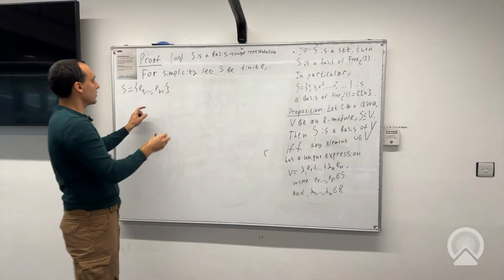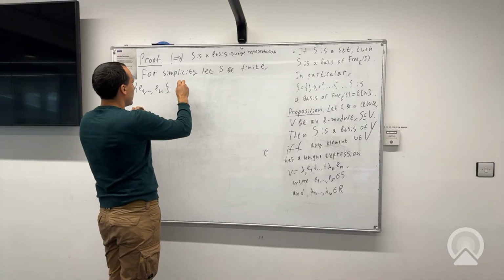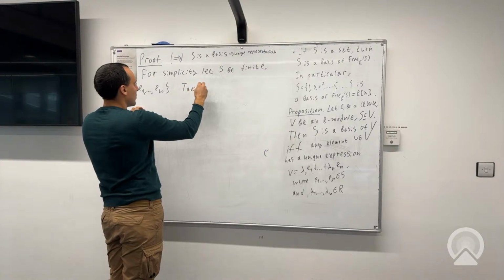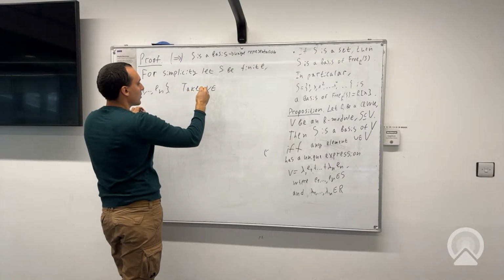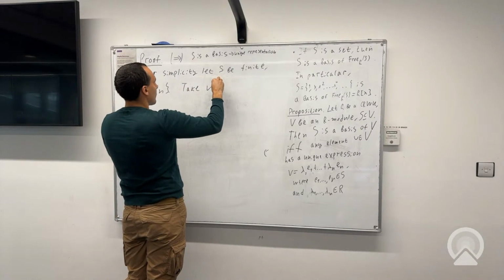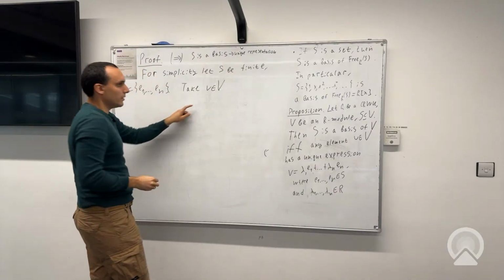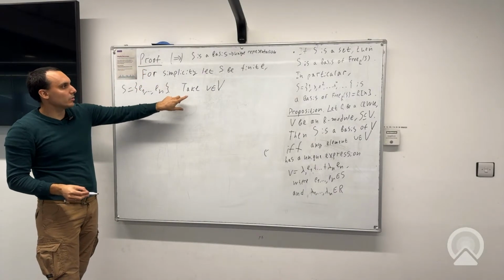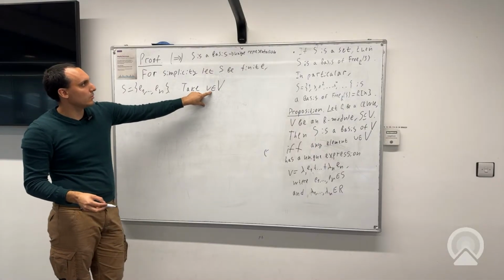And take v in V, and we need to prove that it has a unique representation.